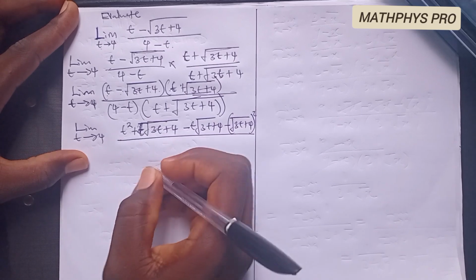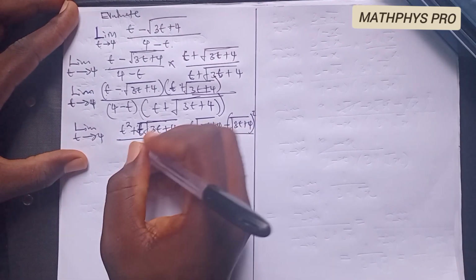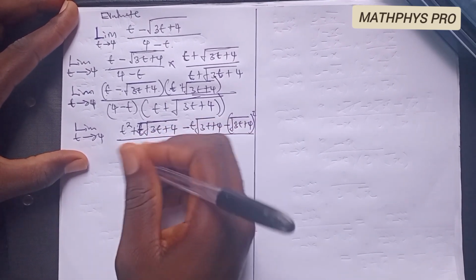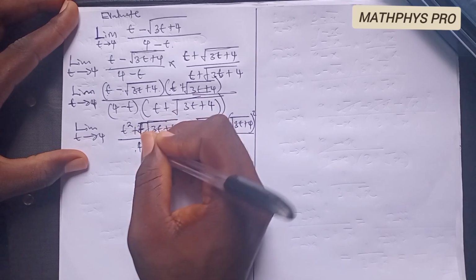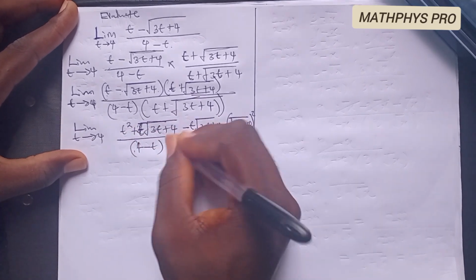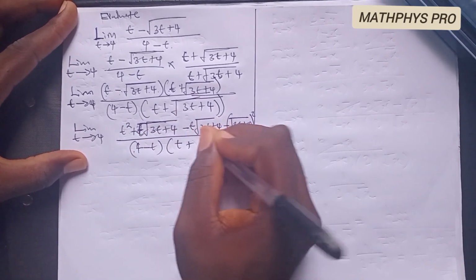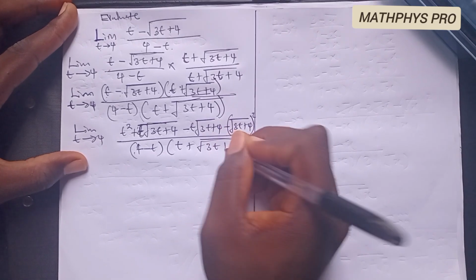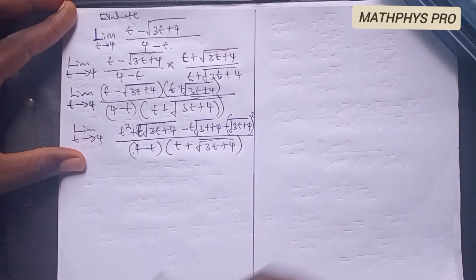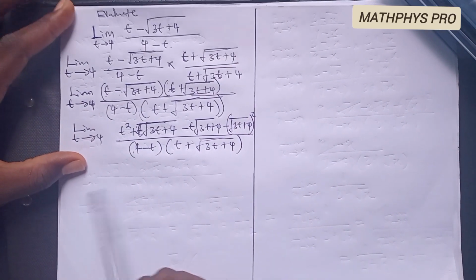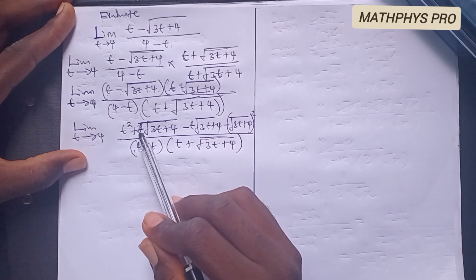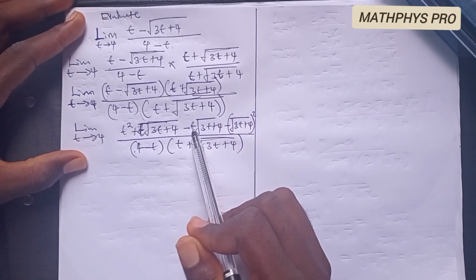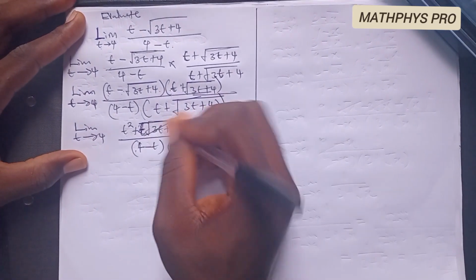It is divided by 4 minus t times t plus root 3t plus 4. So now plus t root 3t plus 4 minus t root 3t plus 4, these two can cancel out.